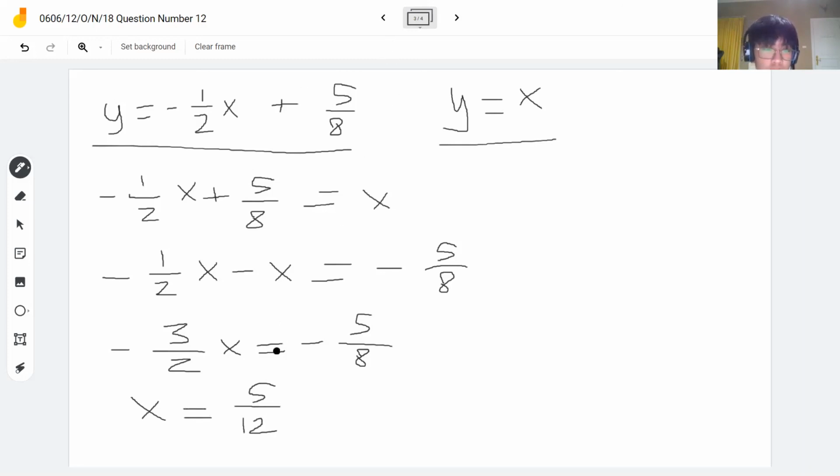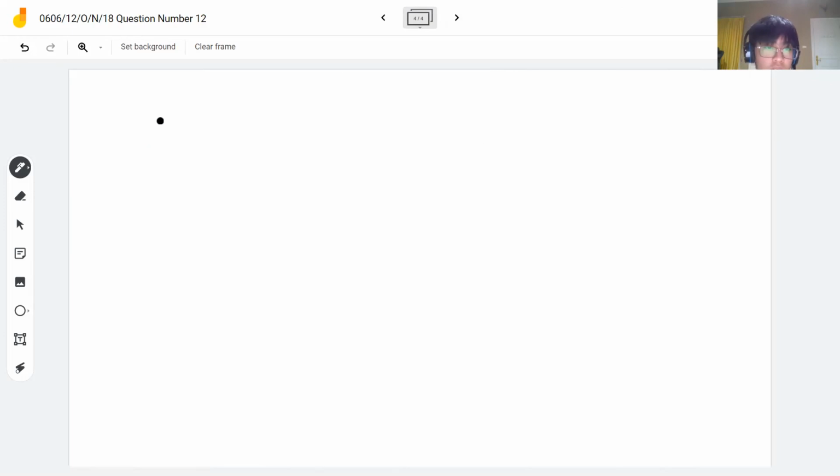Now the rest is simple. You substitute this into this equation and you will find the y. Let's do that now. And the c is plus 5 over 8.